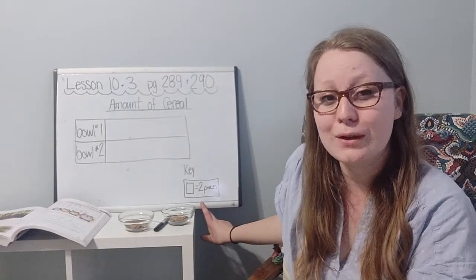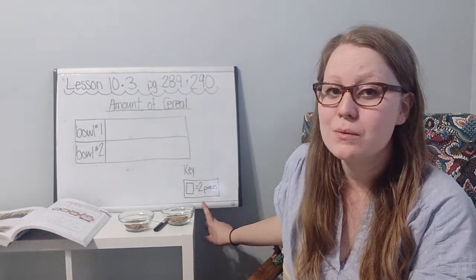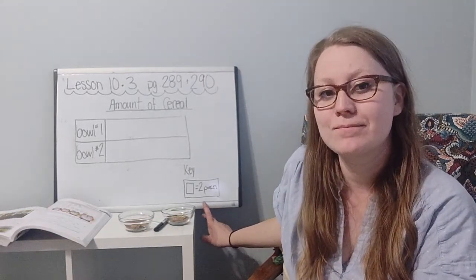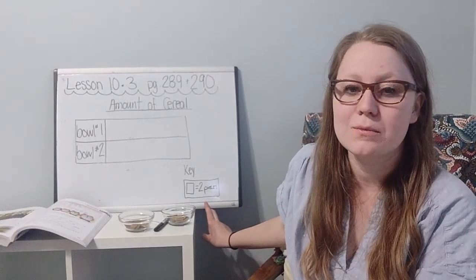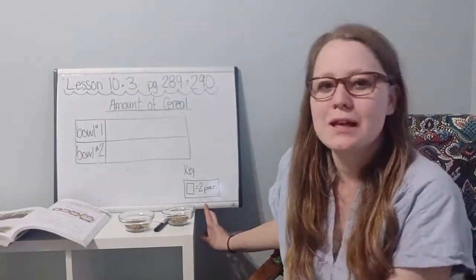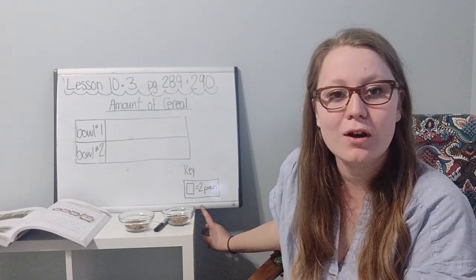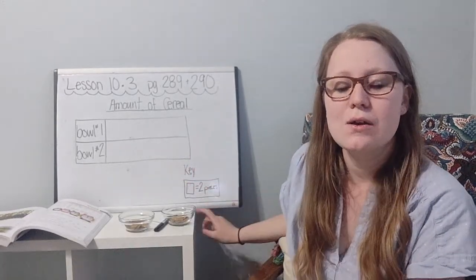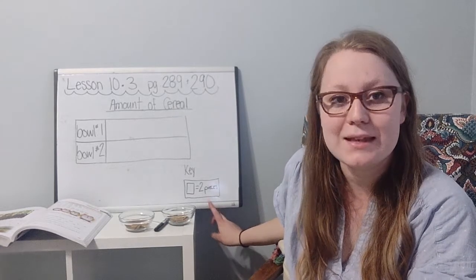So we could count them by twos. Sometimes one square could mean 1, and we would count them by ones. Sometimes one square could mean 5, so we would count them by 5s. And sometimes one square might be 10 even, and we would count them by 10s. But for our graph right here, it is 2. So each square is 2 pieces.